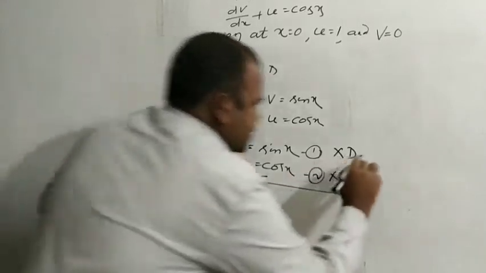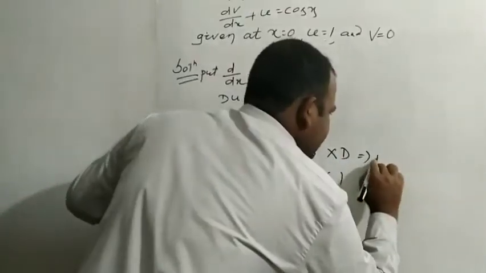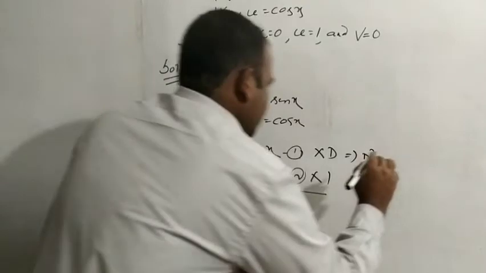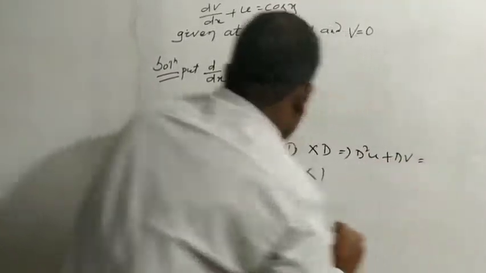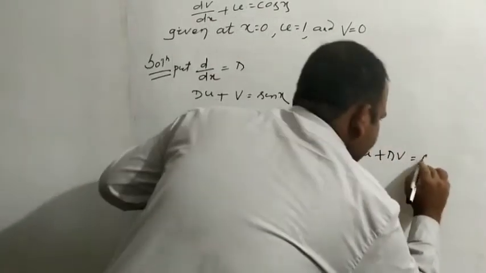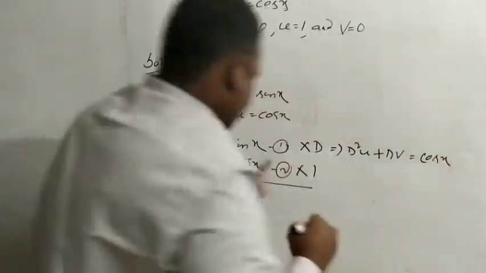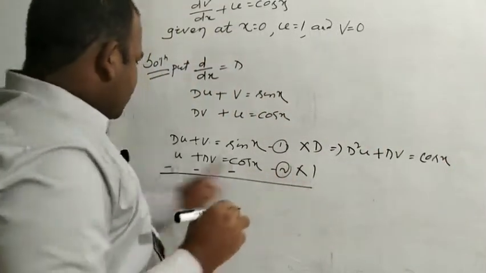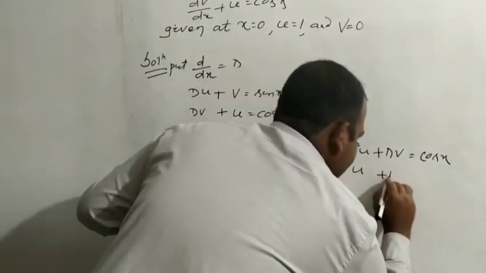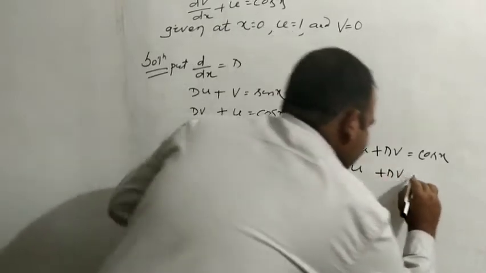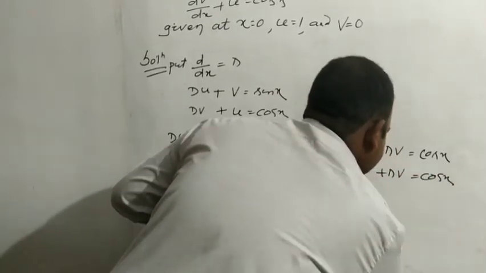So D square u plus Dv equals the derivative of sin x, which is cos x. Equation number 2, 1 into u, this is u plus Dv equals cos x.